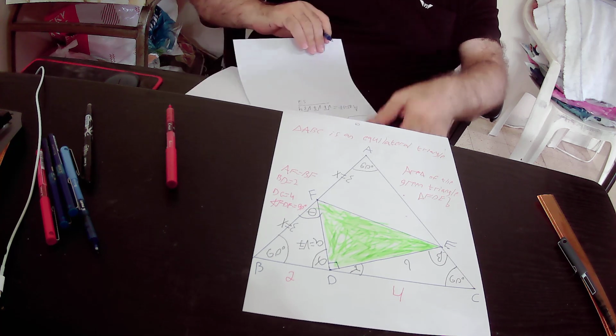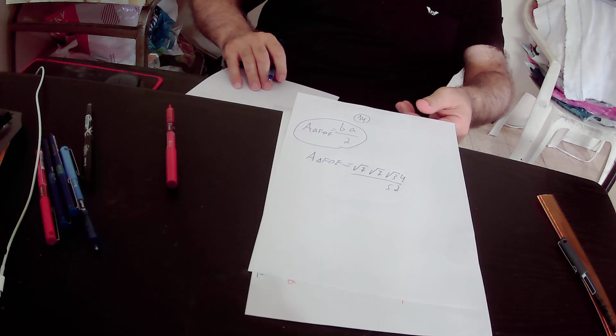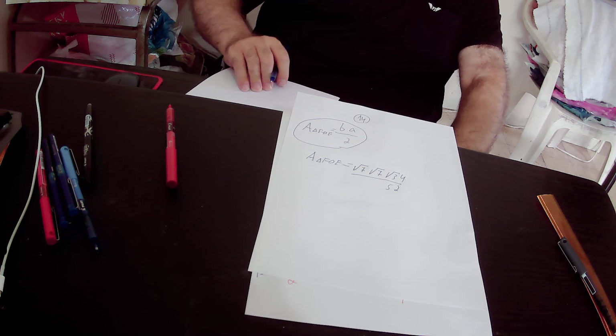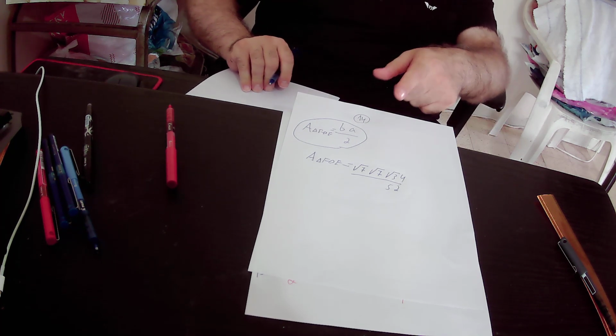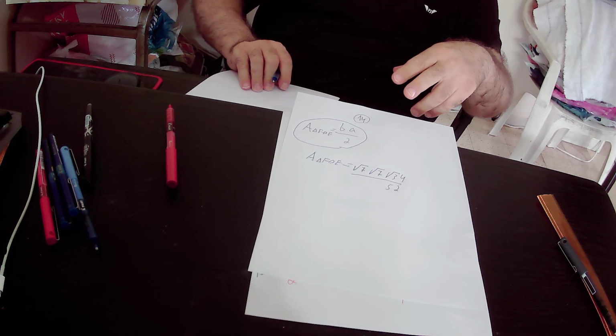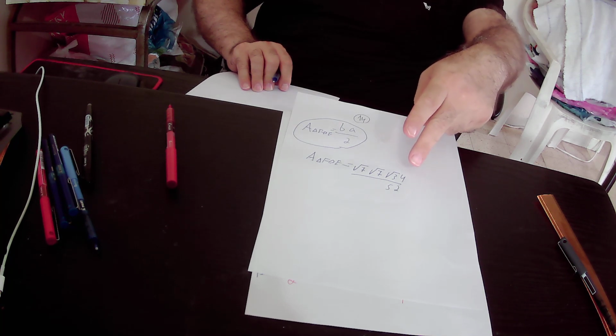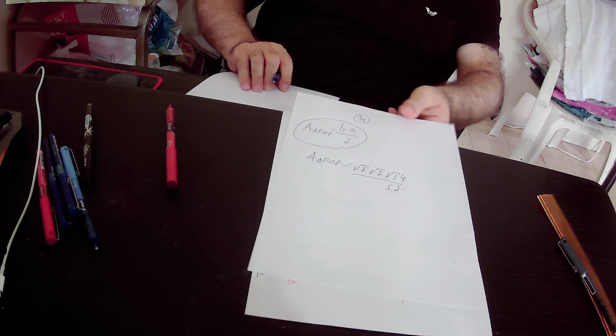So the area of the green triangle FDE equals root 7 times root 7 times root 3 times 4 over 2. First of all, root 7 times root 7 is 7, and 4 over 2 is 2, so I write it down.